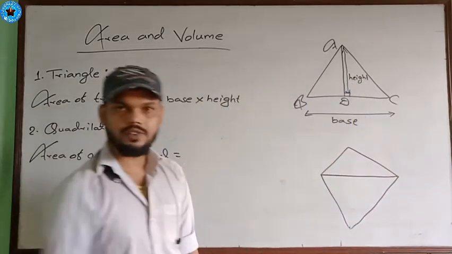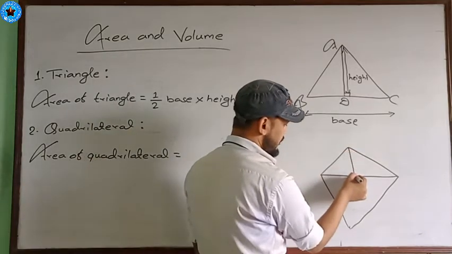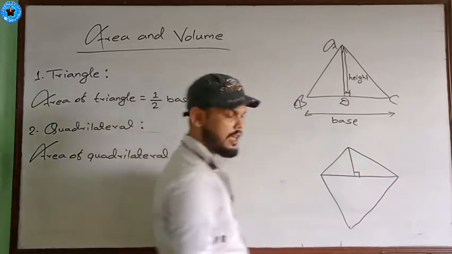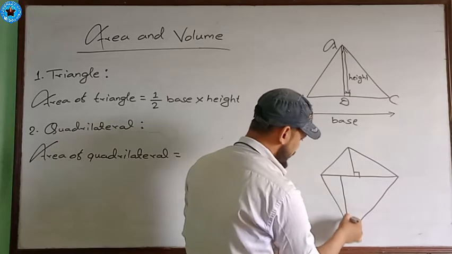From this vertex I'm going to draw a perpendicular line, and similarly from this vertex also a perpendicular line.